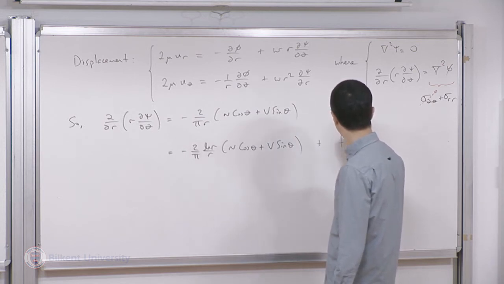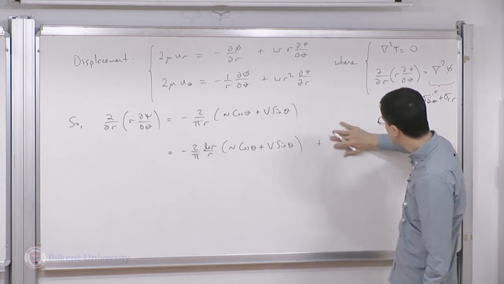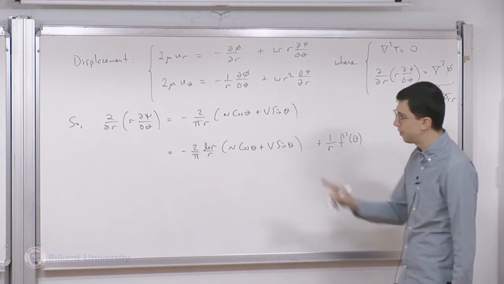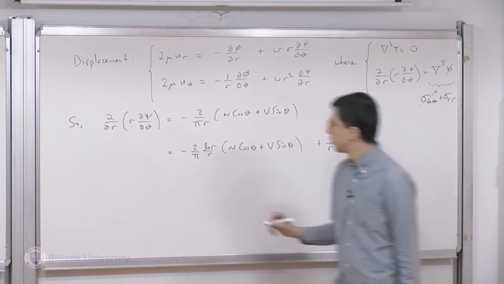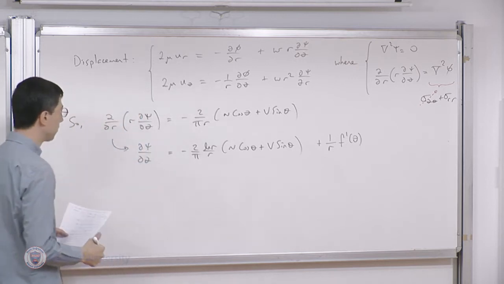Just for convenience, let me call it f prime of theta. So this function is the derivative of some other function, and I divide by r. And so that's the result. That's del c over del theta.